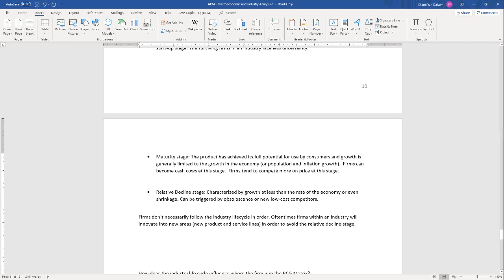And so what they'll do, what firms will do, not industries, but what firms will do is they'll start to diversify away from maybe their core product or service in order to generate more cash flows, and really kind of push themselves from one industry to another.